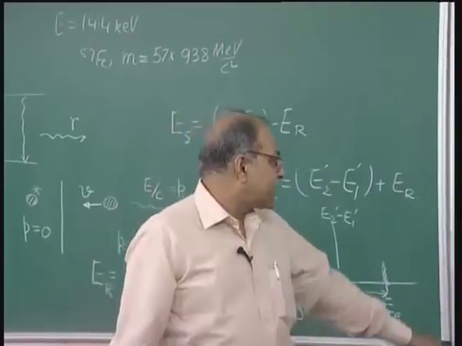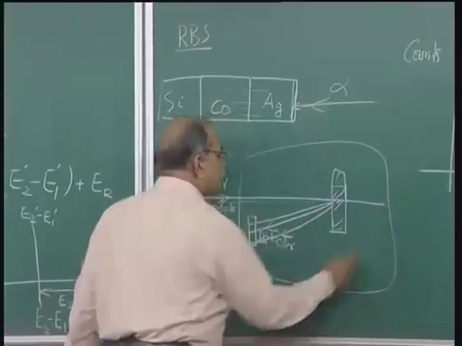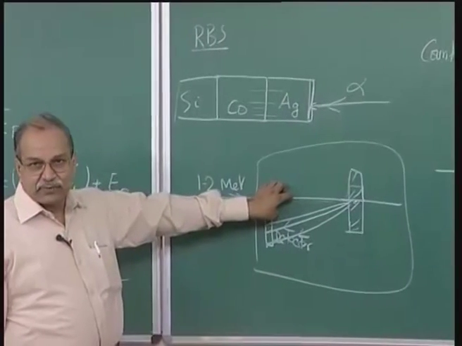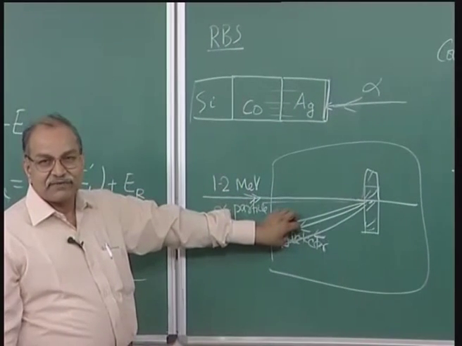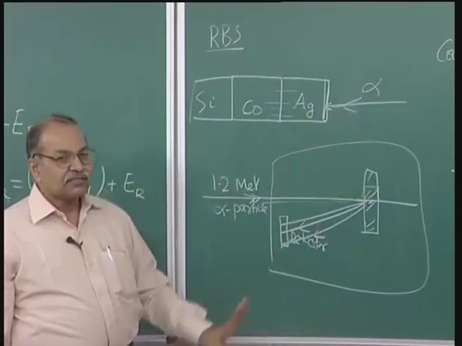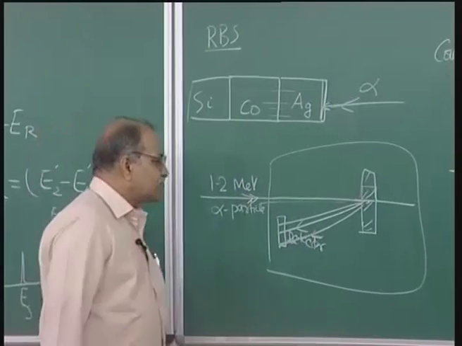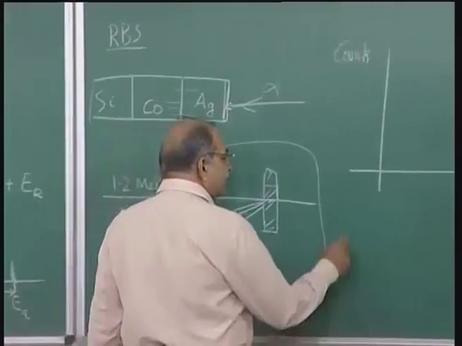If I take this angle to be just 180 degrees, of course, I cannot put the detector at 180 degrees, I have to put it at some 160 or 170 or 165 degrees. But for showing a typical calculation, if you do that, the analysis is very simple.